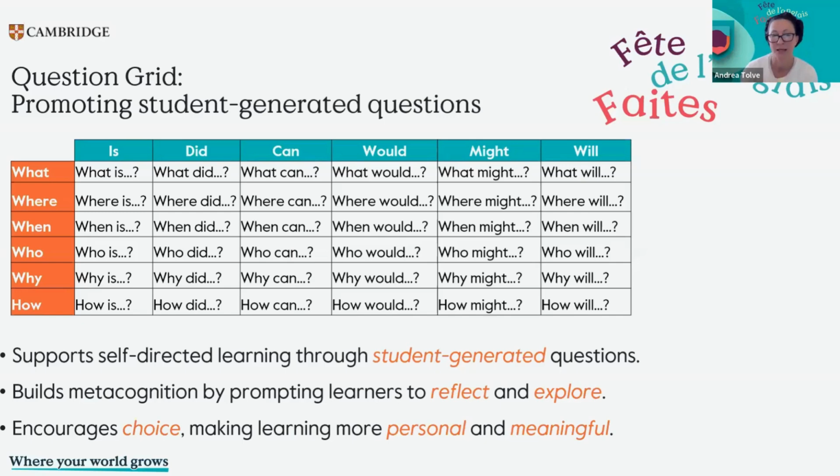It builds that metacognition, helping learners reflect on what they want to know and how to go about finding it. And of course, it's giving them the choice. We are giving them the choice for what questions they want to be asking. And we know that in the classroom, if we include choice, it immediately works towards increasing motivation and engagement.